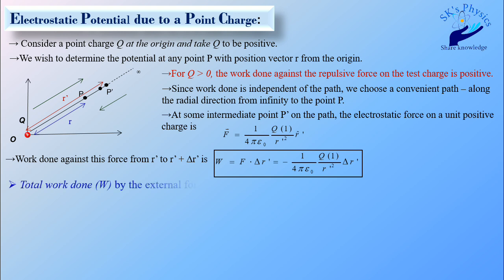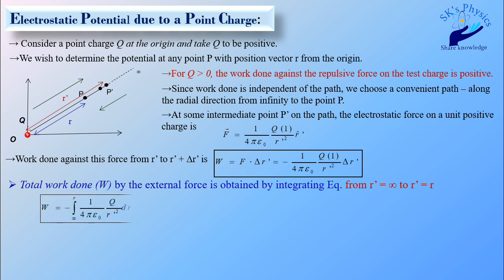The total work done by the external force is obtained by integrating from r dash equal to infinity to r dash equal to r, because we want to bring a charge from infinity to r. So work done is equal to minus integration from infinity to r of 1 upon 4 pi epsilon 0 Q by r dash square into dr dash. Here the constant is Q upon 4 pi epsilon 0. So minus Q upon 4 pi epsilon 0 integration from infinity to r of 1 upon r dash square dr dash. Integration of 1 upon r dash square is minus 1 upon r.